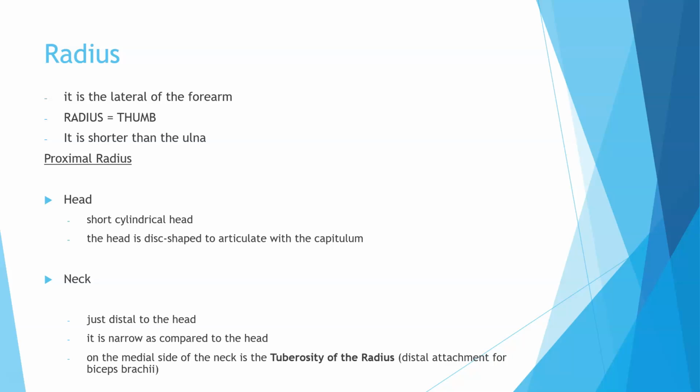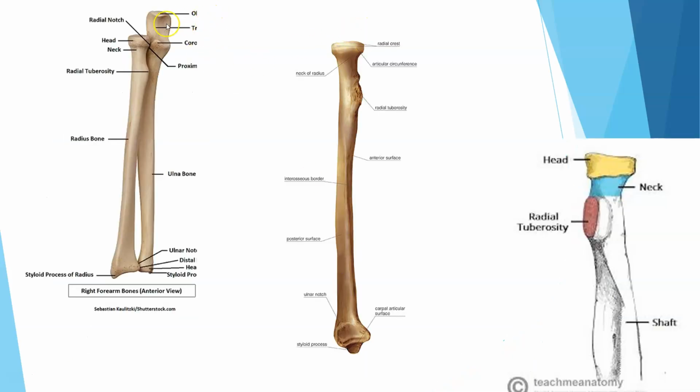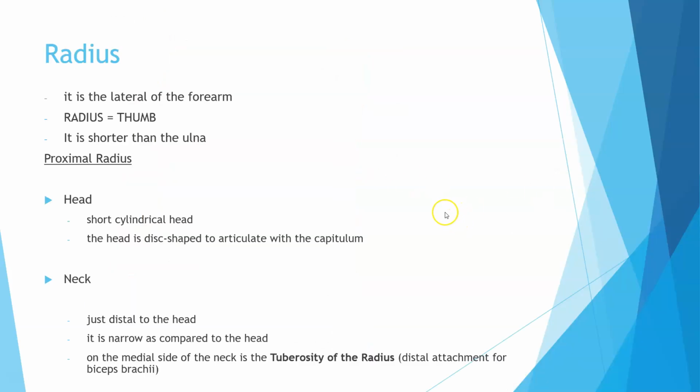The proximal part of the radius is the head, and it is a short cylindrical head, disc-shaped, and if we remember, it articulates with the capitulum. So we can see here we've got the head. You can see it is somewhat concave in nature, so that it can articulate appropriately with the convexity of the capitulum of the distal humerus.